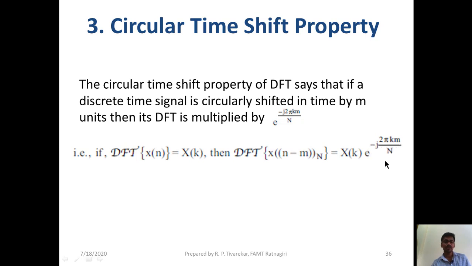This is the same as the operator e raised to minus j 2 pi by N into nk, where the time variable n is replaced by m. If you remember the previous video lecture, we discussed this. Here, as it is frequency domain data, nowhere can we have the time index n. So instead of n, we have the fixed time shift value, that is small m.